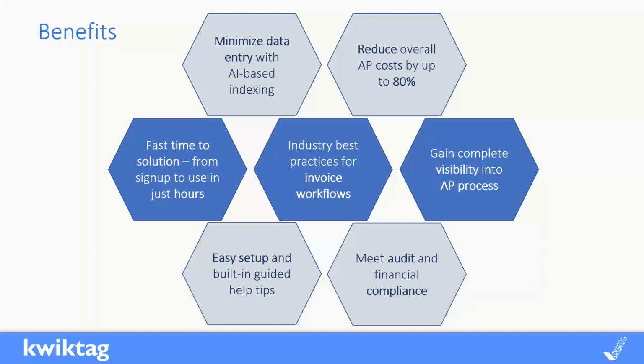Now, we have customers that tell us they get through their audit much faster. What used to take weeks or even months, they can now get through in days or maybe a week or two, which also reduces the cost that you're now spending on your audits, because the longer they're there, you know, the clock is ticking, right? So get through your audits faster, reduce the cost, reduce the time of them, and just make it easy for yourself to be able to log in and find the things that you need.